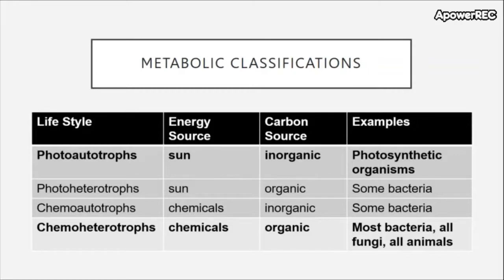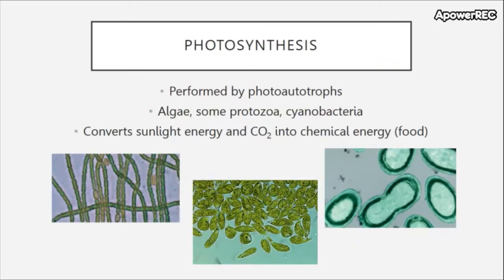I am just going to talk very briefly about photoautotrophs, because without photoautotrophs, most of the organic matter that we have here on planet Earth just would not be available for use. That's because most of our energy comes from the sun, and it's used to convert inorganic carbon into organic carbon. It's done through a process called photosynthesis, which uses sunlight energy in order to synthesize organic compounds and obtain energy.